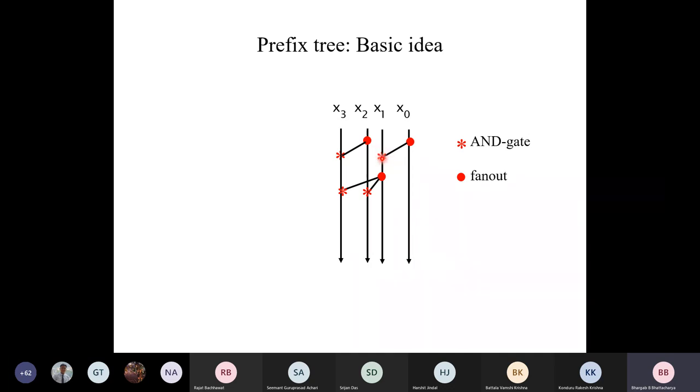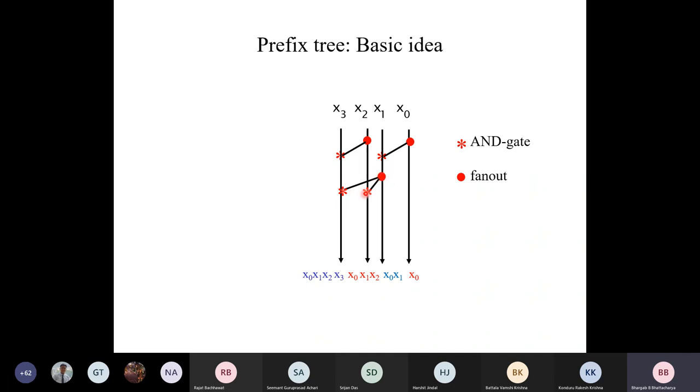It's a binary operation. So here we get straight away x0. Here, what do we get? There is a product operation here, so we get x0, x1, because x0 appears here, and this is a 2-input AND gate. So you get x0, x1 here. And then this result, x0, x1, is fanned out here.